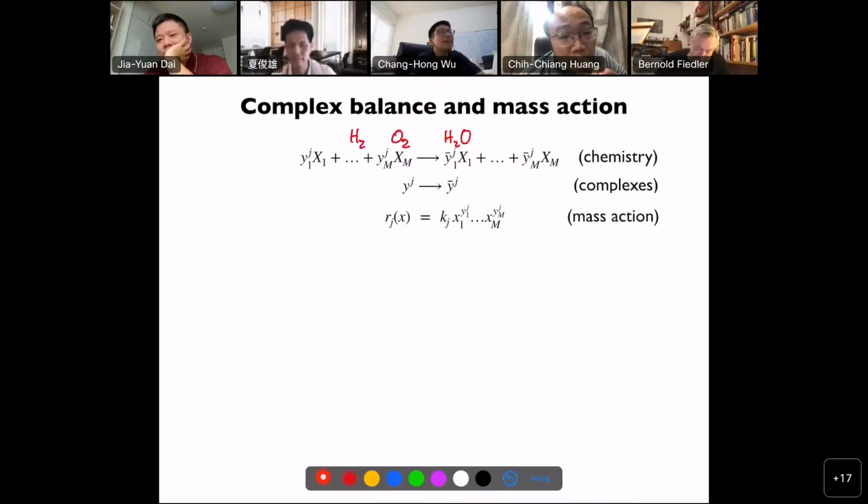Let me do this with a different color. 2 times, and then I can accommodate 1 oxygen, and I need 2 hydrogen. Disclaimer: this is not how this reaction works. It is not happening that 2 hydrogen molecules and 1 oxygen molecule dance a triple dance and form 2 water molecules.